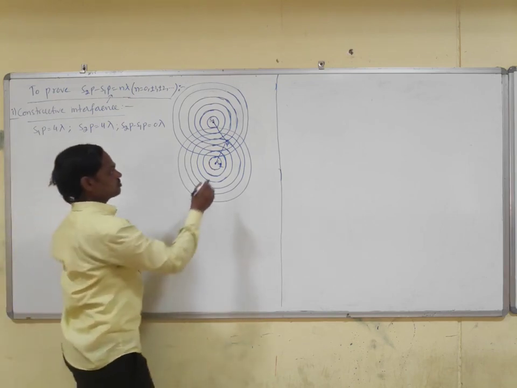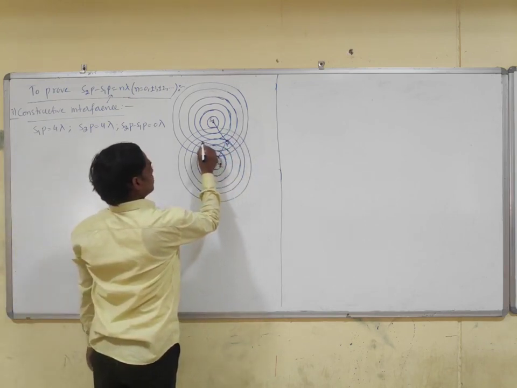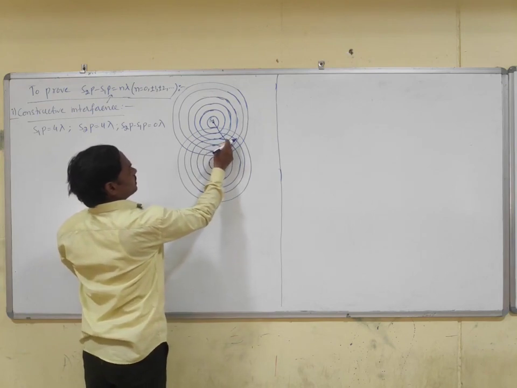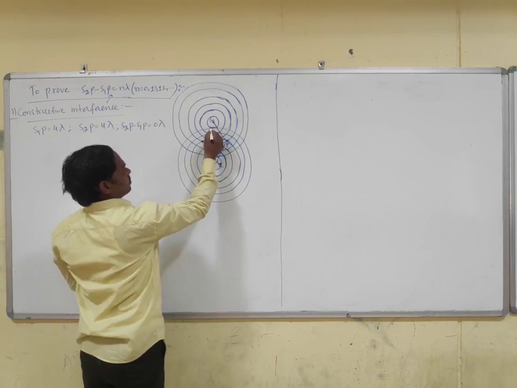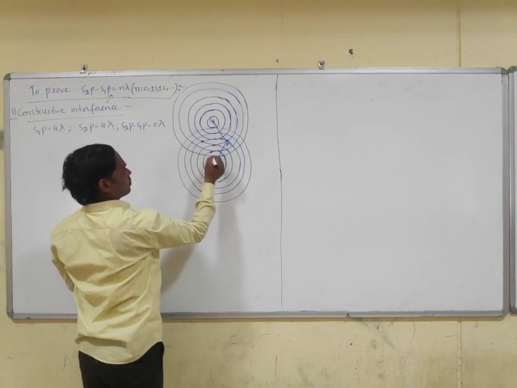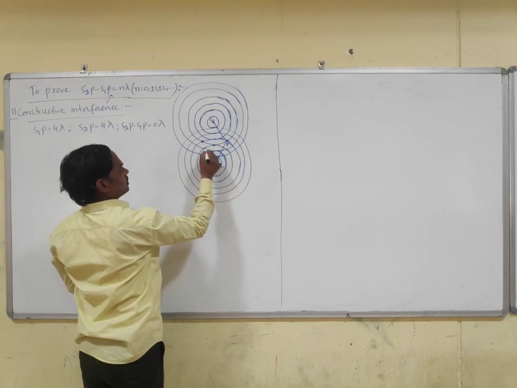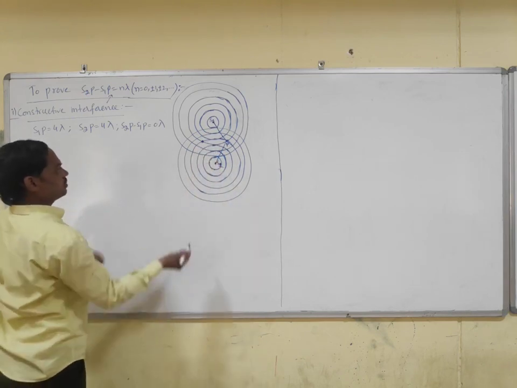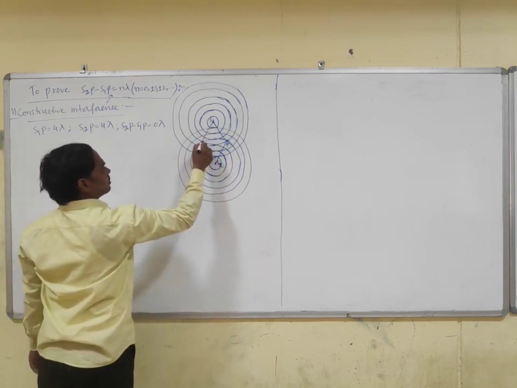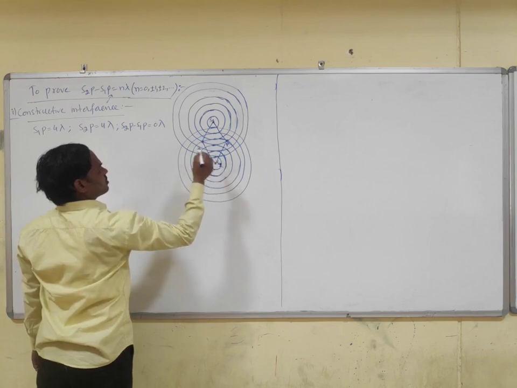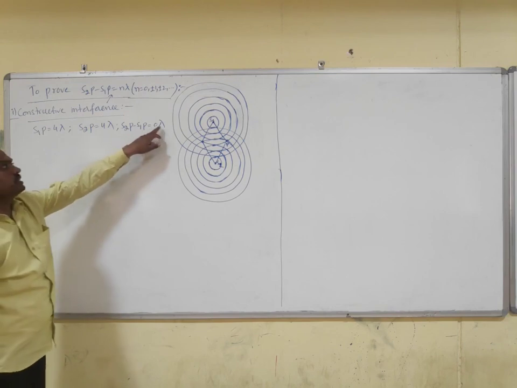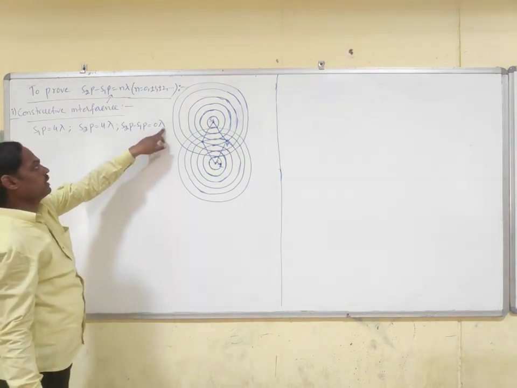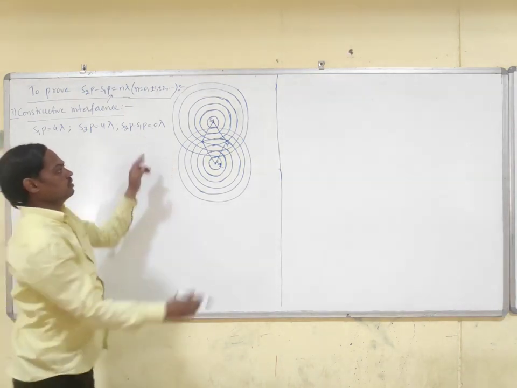Next let us take another point. Similarly, if you look at the left side meeting point, this also has the same number, 1, 2, 3, 4, 4 lambda, and 1, 2, 3, 4, 4 lambda. So these two have the same path difference, that is 0 lambda. Is it constructive or destructive?